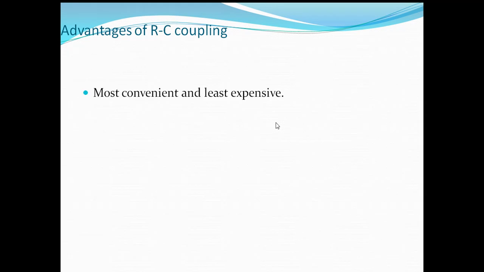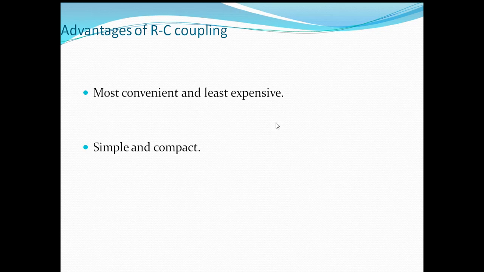So the advantages of RC coupling. When we couple like this, what are the advantages? It is most convenient and least expensive, as we are using only resistors and capacitors. These are very less expensive, and to couple with R and C is very convenient or easy. Therefore, it is most convenient and least expensive. Another one is simple and compact.